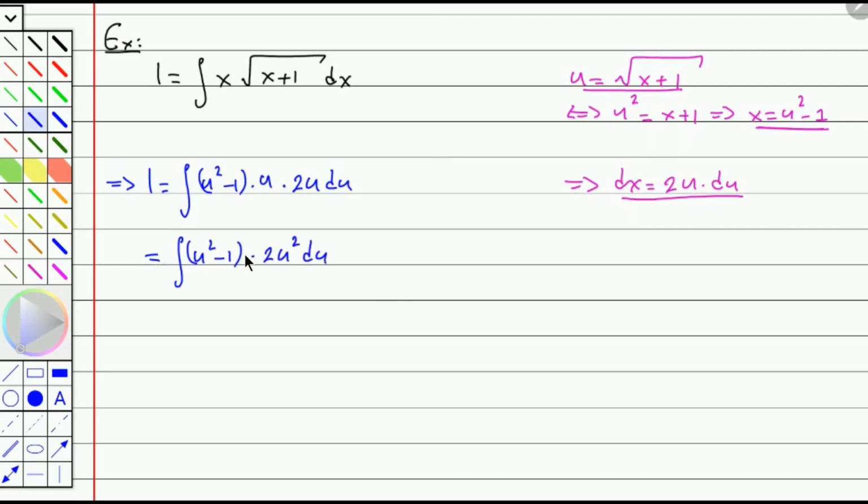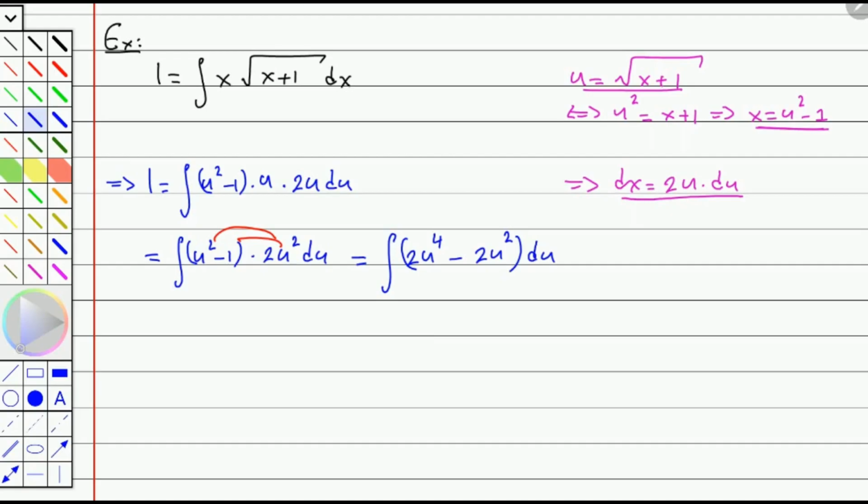And also, because we have, once again, multiplication that we know no rules about, we can simply expand the brackets, like so, equals the integral of 2u to the 4th minus 2u squared, all du.